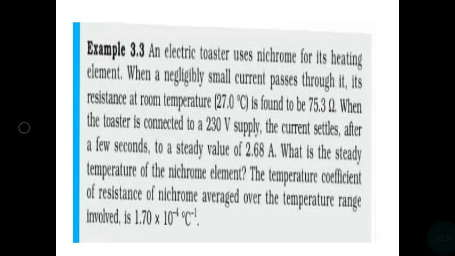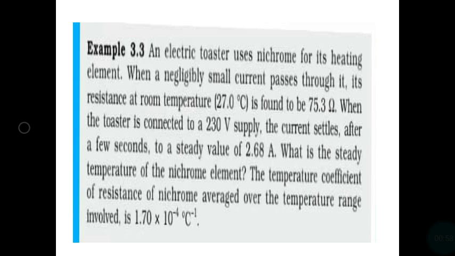The temperature coefficient of resistance of nichrome averaged over the temperature range involved is 1.70 into 10 raised to minus 4 per degree Celsius. So in the question, the given element is a nichrome.